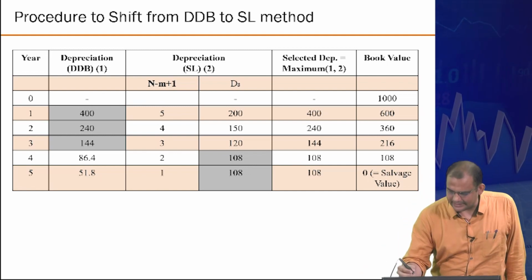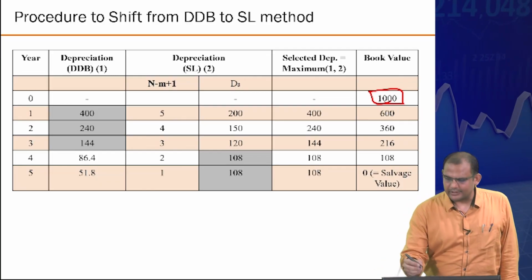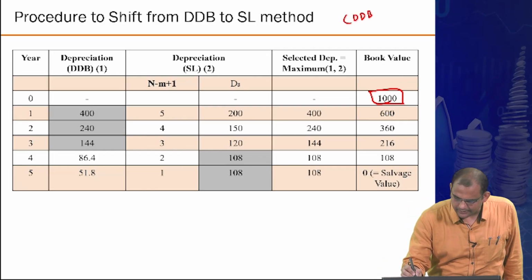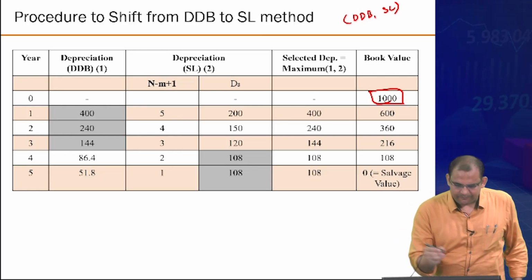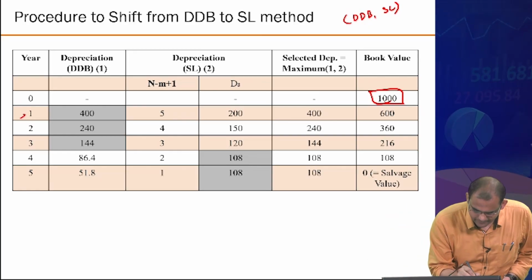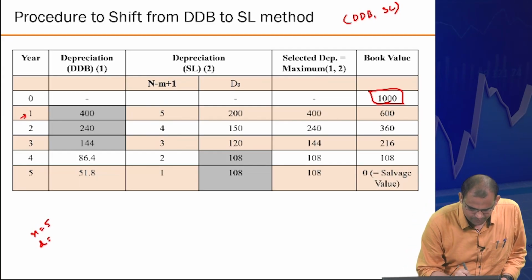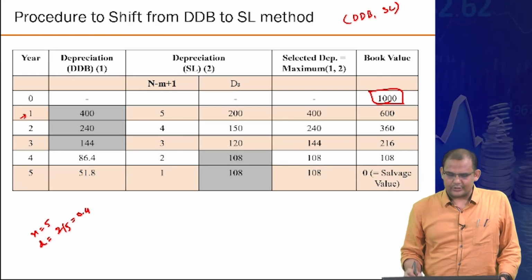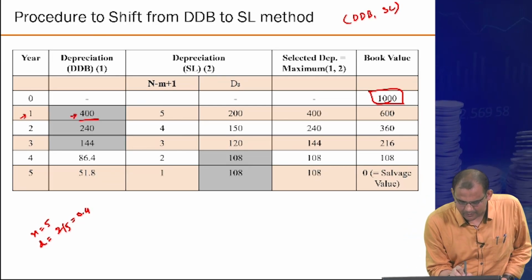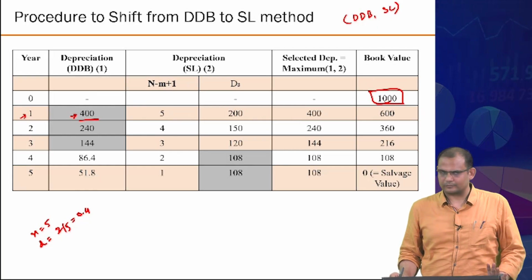Okay, let's start with a book value of 1000 rupees. The question is simple, DDB and straight line method is something that you need to do. Year 1, of course the N is given to be 5. So the small d for DDB is 2 by 5, which is 0.4. So in this particular case, the depreciation amount is 400, 1000 into 0.4, right?